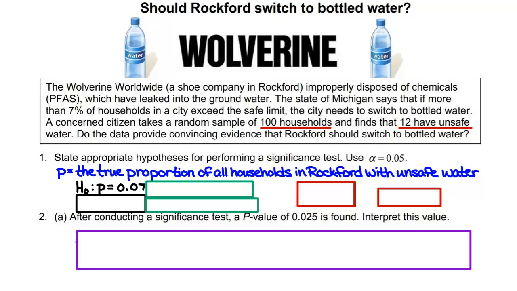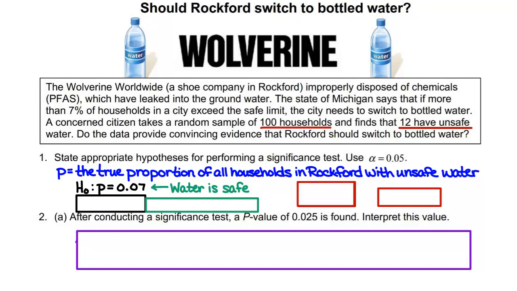What would that mean? 7% of the households have unsafe water, which means Michigan says that's tolerable levels. It says the state of Michigan says that if more than 7% of households exceed the limit, then the city needs to switch to bottled water. So if P equals 0.07, then generally we're saying the water's safe, we don't need to make any changes.